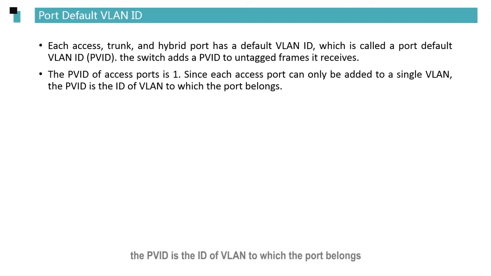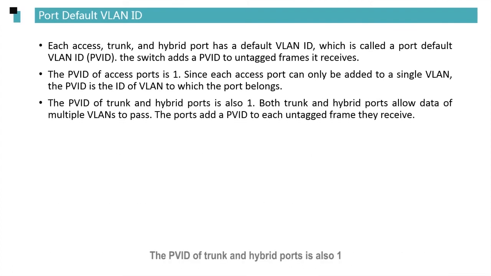The PVID is the ID of the VLAN to which the port belongs. The PVID of trunk and hybrid ports is also 1. Both trunk and hybrid ports allow data of multiple VLANs to pass. The ports add a PVID to each untagged frame they receive.